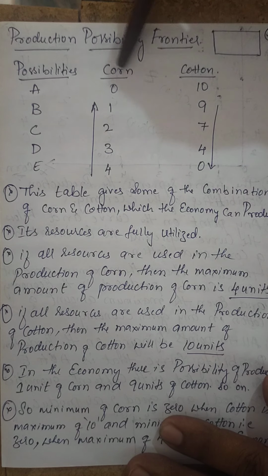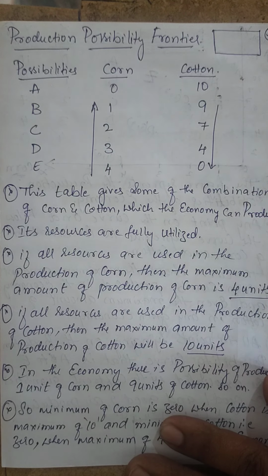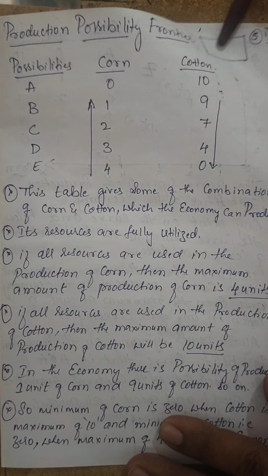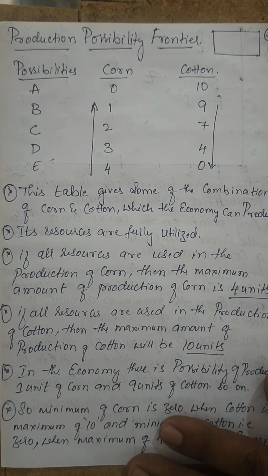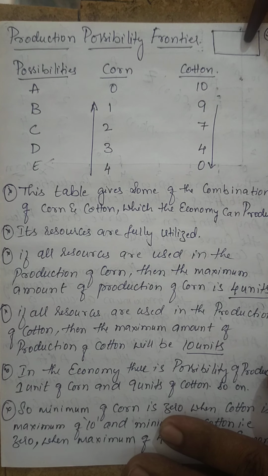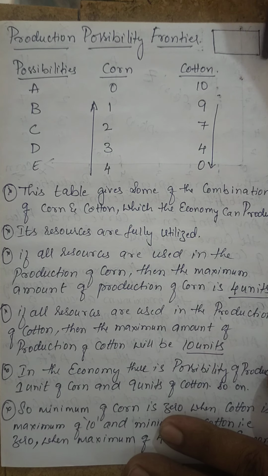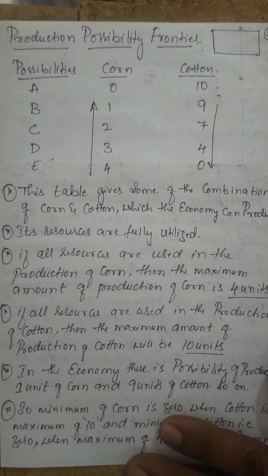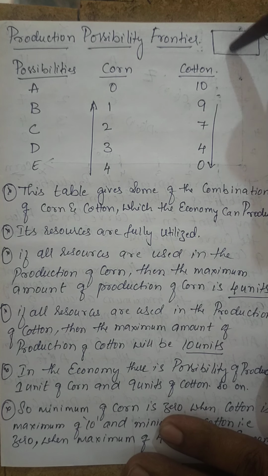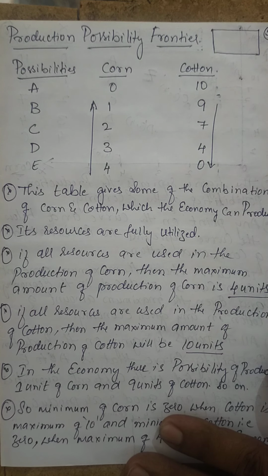He is going to produce first 10 units of cotton. If he is producing 10 units of cotton, he is using the entire field for the cotton. Please understand, here he is using the entire field to grow cotton. So no corn is grown, the corn product is not grown at all.